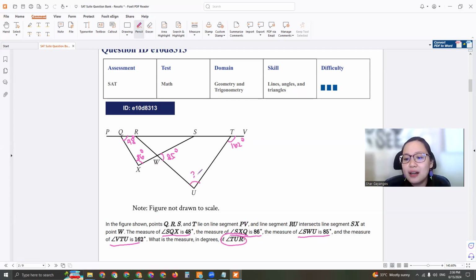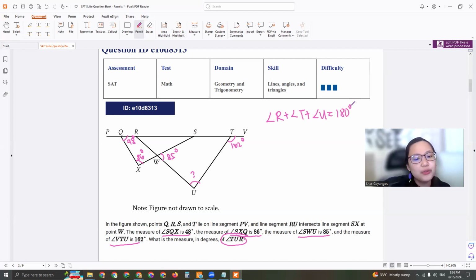So angle TUR is of course part of a triangle TUR. So this tells us that we actually need R and T to find U, right? Because angle R, angle T, and angle U, that's just equal to 180 degrees. All right. So that's the goal.